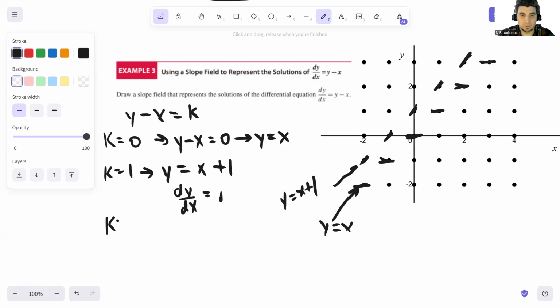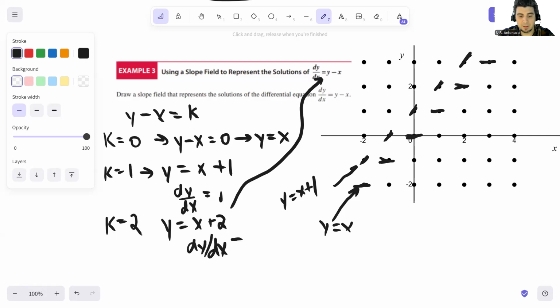So if k equals 2, then y equals x plus 2. And if I substitute y equals x plus 2, then that's going to mean that dy/dx equals 2. Okay. So then I would add short lines with slope 2 to the slope field along the diagonal line y equals x plus 2.